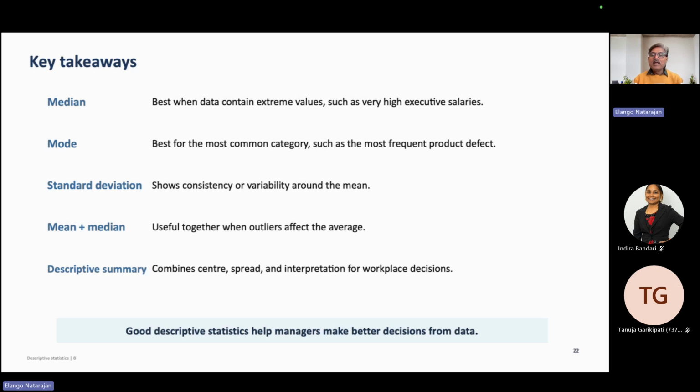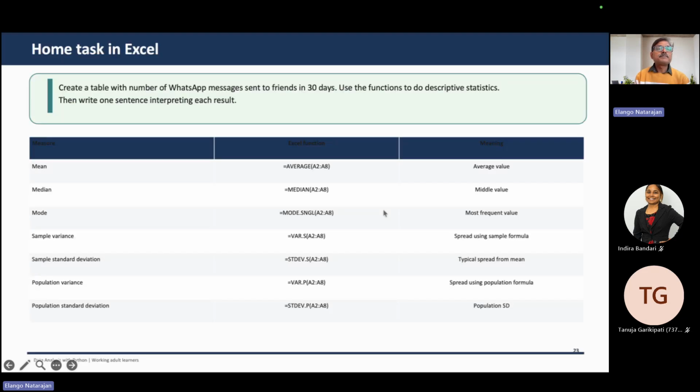For good descriptive statistics and the best decision making, you have to consider first the research question, choose the right terms that you need to work with, and only then go for the interpretation. Good descriptive statistics help managers make better decisions from the data set.